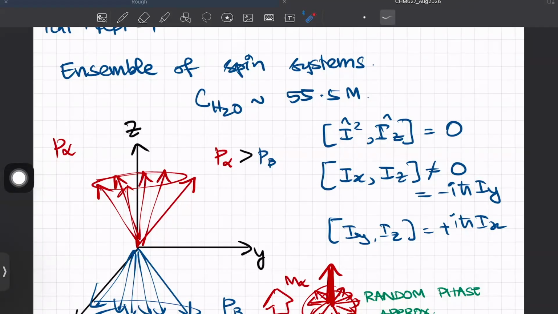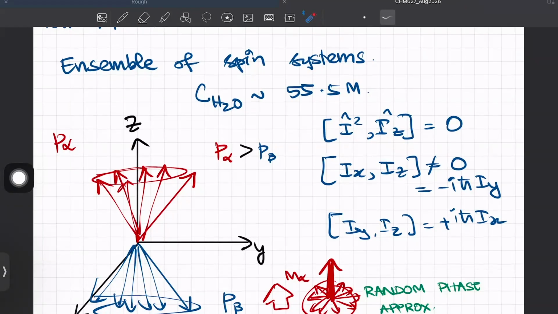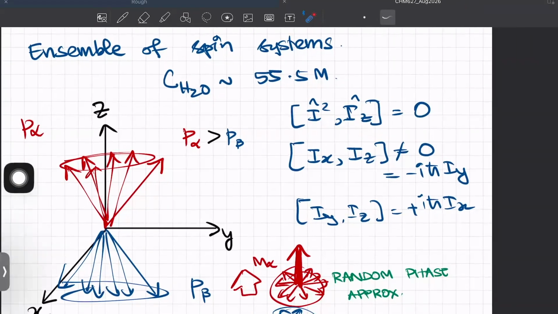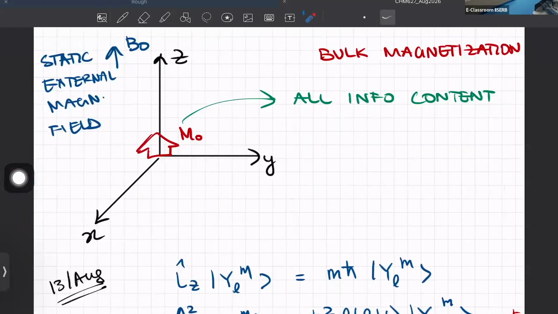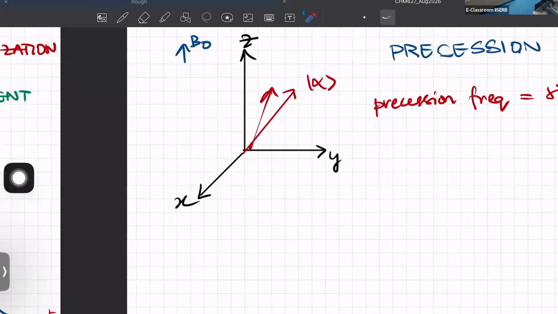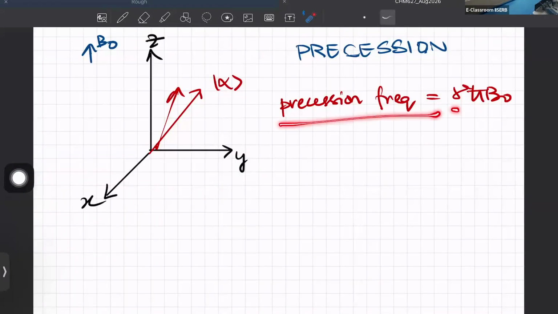Yes, sir. Would you explain how the precession frequency actually equals the energy difference? I didn't really get that. I'm not able to get your question completely. You said the precession frequency is equal to the energy difference? It happens to be the case for NMR, and the precession frequency also goes with gamma h cross B naught. Why would that be?